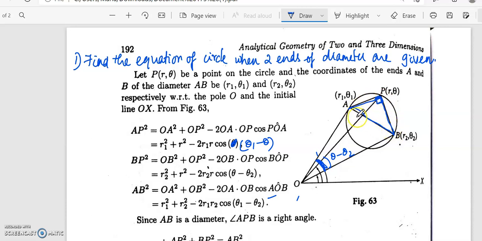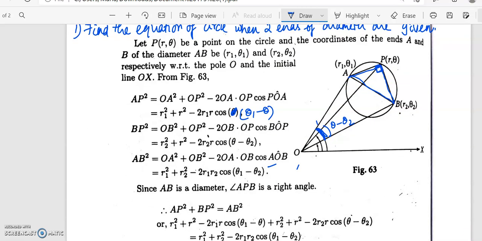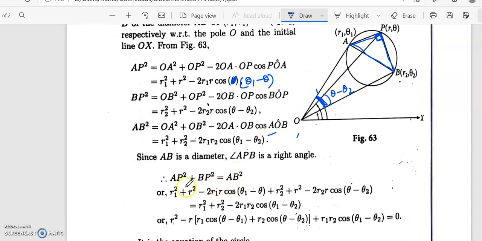Substituting those values, we get R1 square plus R square minus 2 R1 R cos theta 1 minus theta, plus R2 square plus R square minus 2 R2 R cos theta minus theta 2, equal to R1 square plus R2 square minus 2 R1 R2 cos theta 1 minus theta 2.